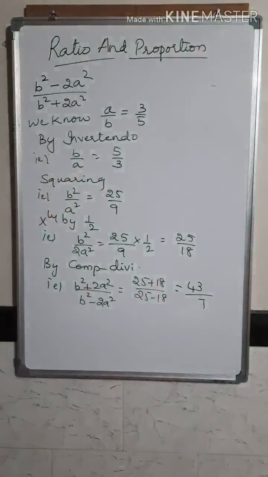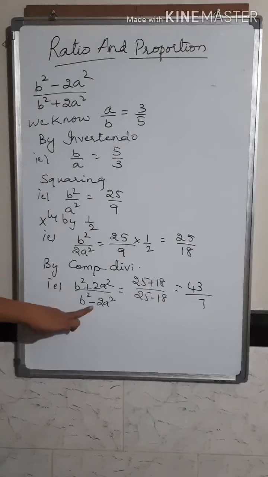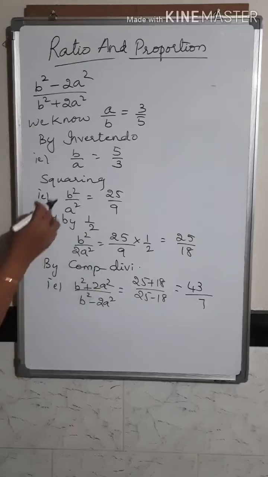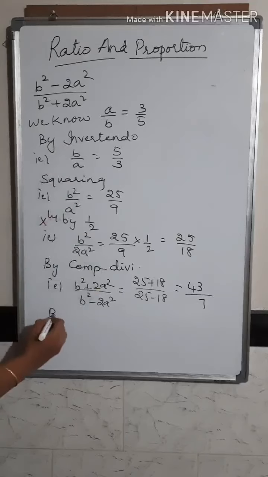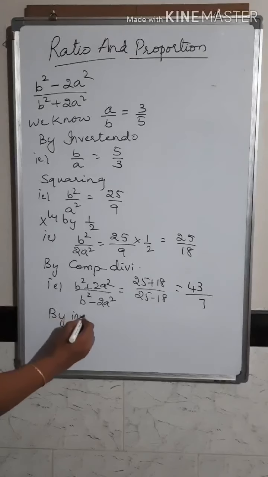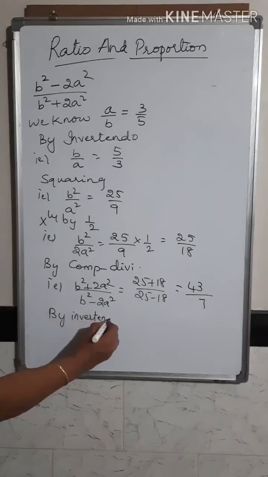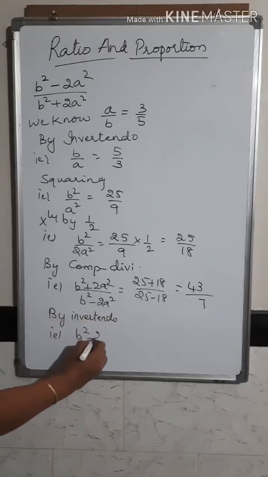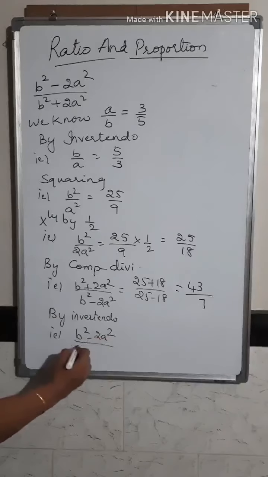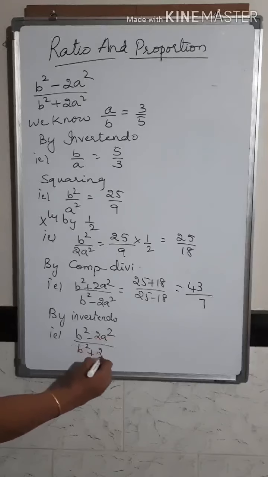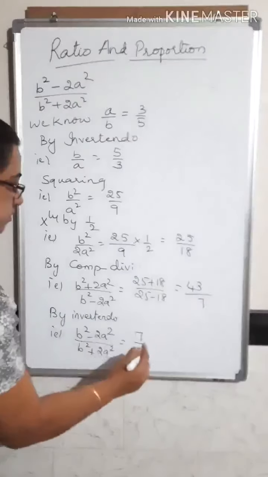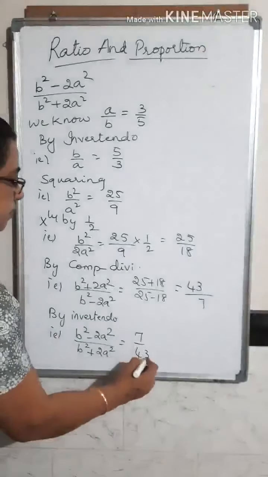and 25 minus 18 is 7. Now what is asked in the given problem? Minus is in the numerator and plus is in the denominator. So interchange it; that is, use the property of invertendo again. By invertendo, what you get? (b square minus 2a square) upon (b square plus 2a square) is equal to 7 upon 43.